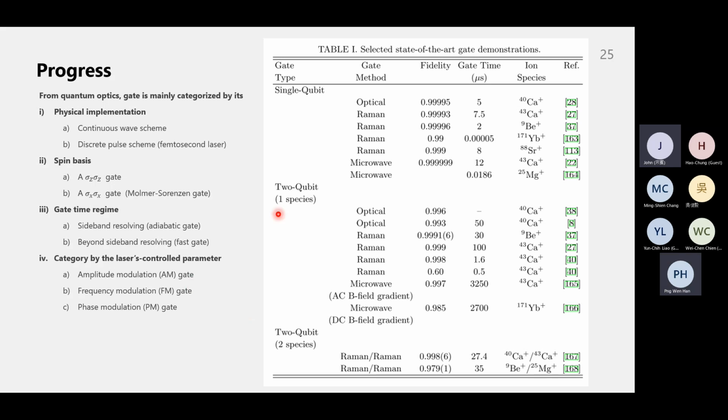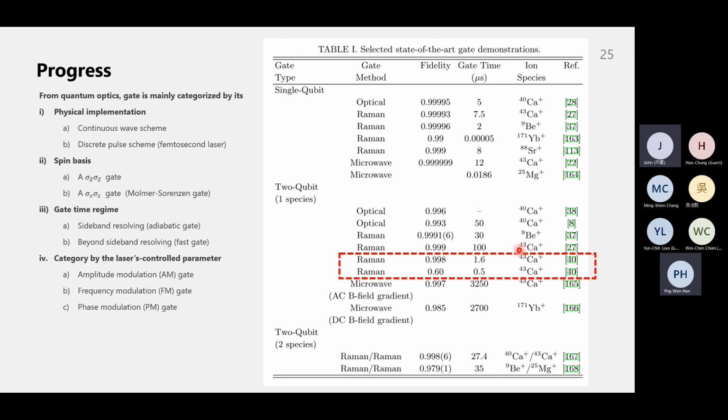Okay, so as you can see, there are many kinds of gates, and we categorize them mainly by the physical implementation, the spin basis, the gate time, and the laser control parameters. And now the fastest record that trapped ions have is about 1.6 microseconds with a fidelity of 0.998.